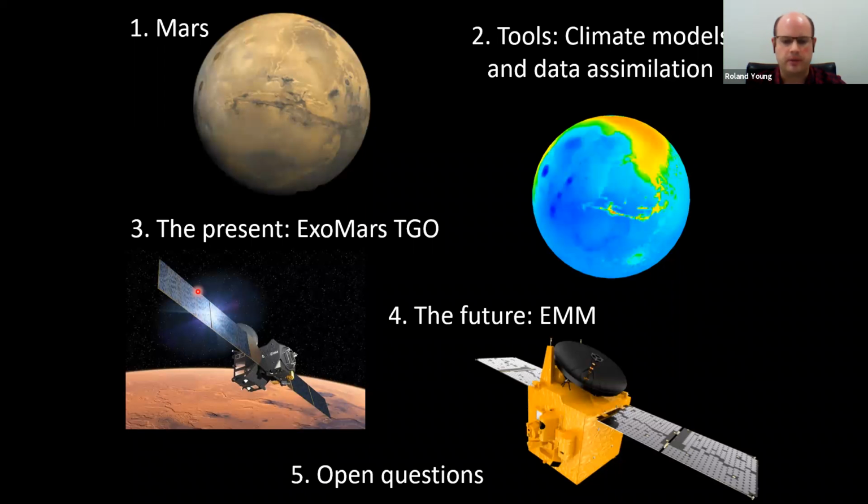Then I'm going to talk about the two spacecraft I've been involved with, the ExoMars Trace Gas Orbiter and the Emirates Mars Mission. And then I'll close with a few open questions that we might be able to address in the near future about the atmosphere of Mars using these techniques and these platforms.